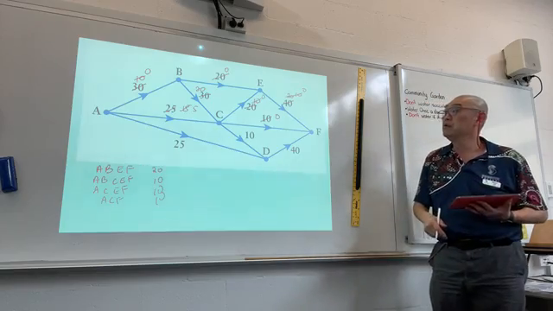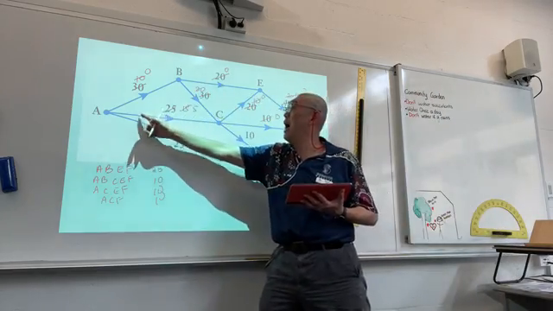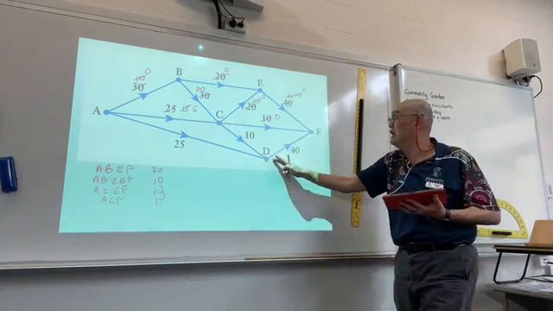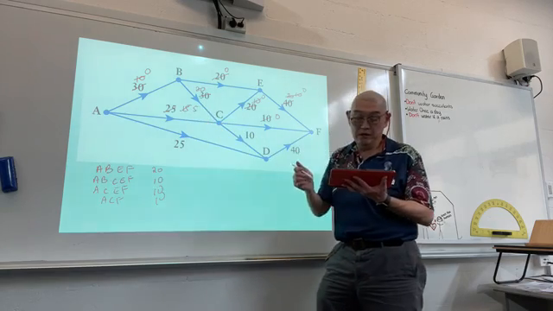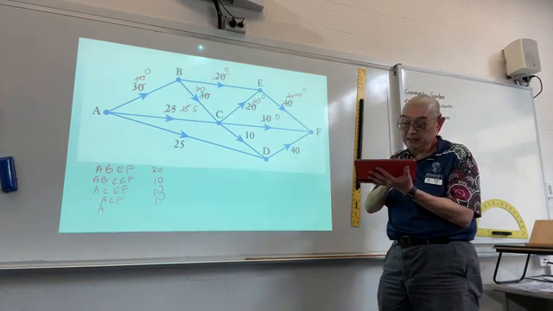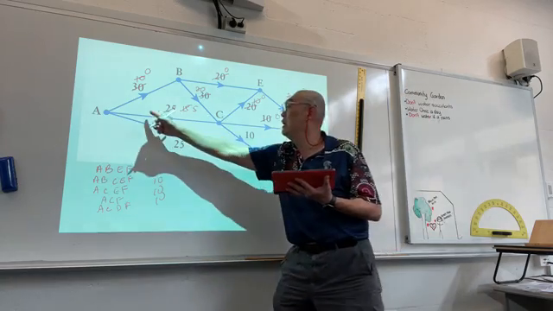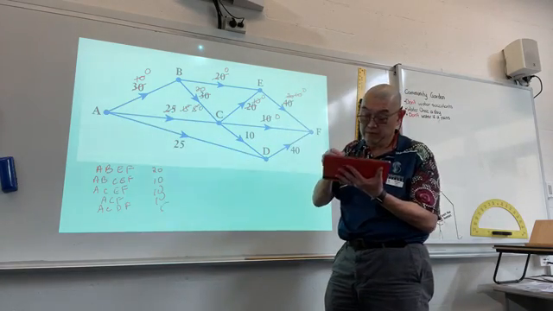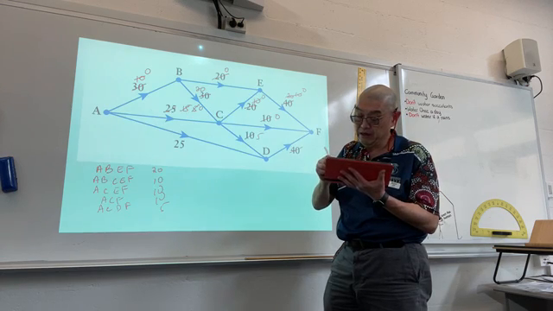So I've worked through all this, and I know I can still use AC because I can go AC, D, and F because I still have capacity left. Correct? So the next one is A, C, D, and F. That will be 5 because that will be 0. That will be 5, and that will be 40 minus 5 is 35.